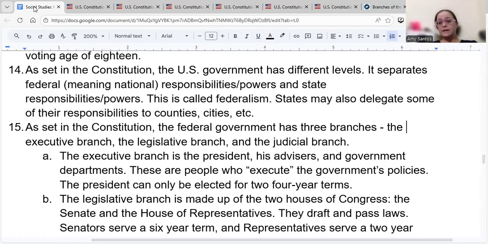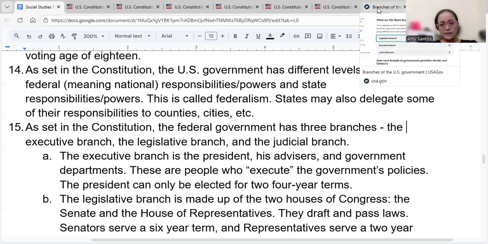The states then can also delegate their responsibilities to counties or cities or towns as they see fit. The Constitution separates the federal government into three branches: the executive branch, the legislative branch, and the judicial branch.